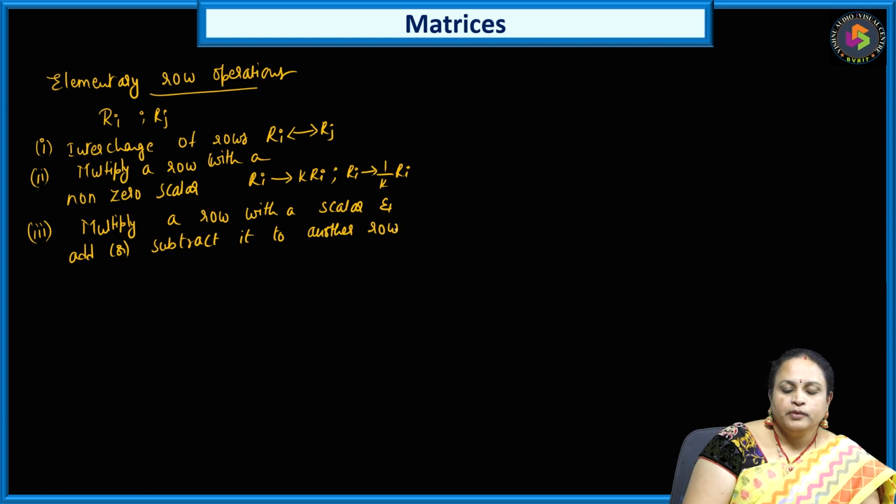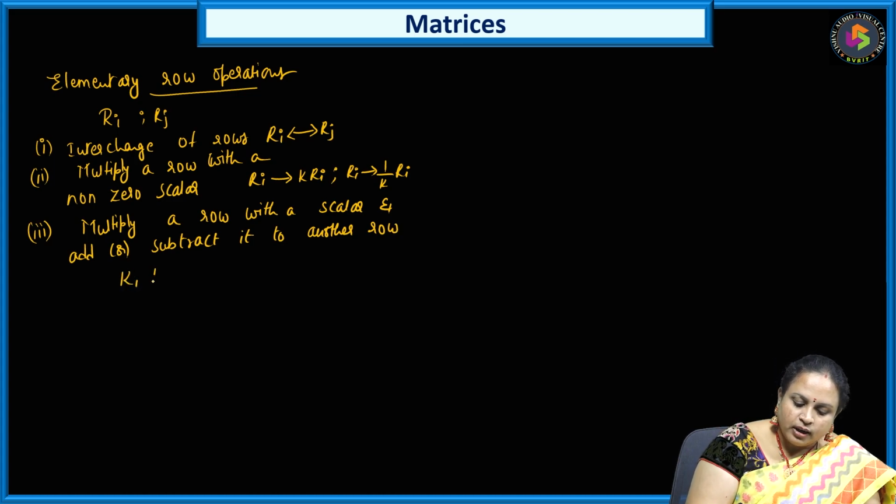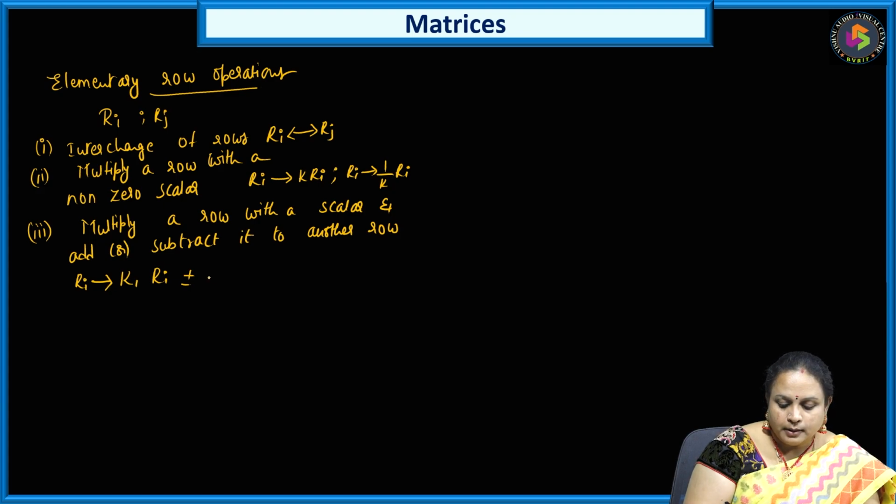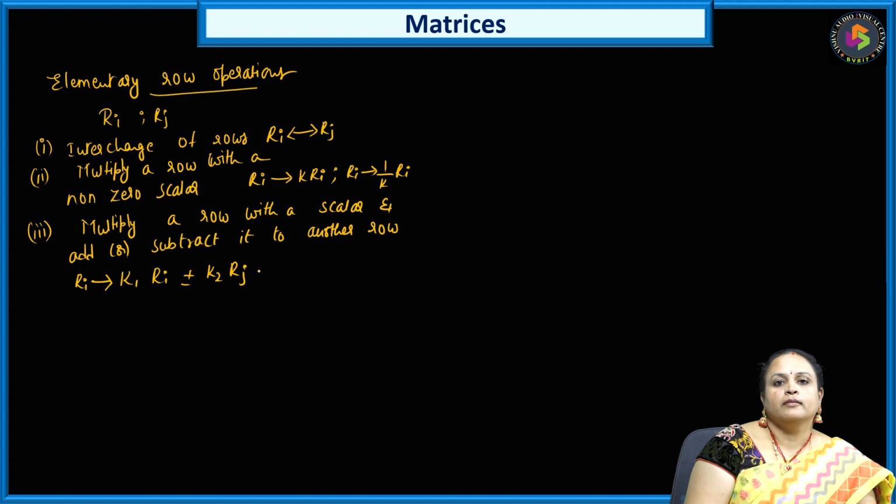That means Ri implies K1 times of Ri plus or minus K2 times of Rj.